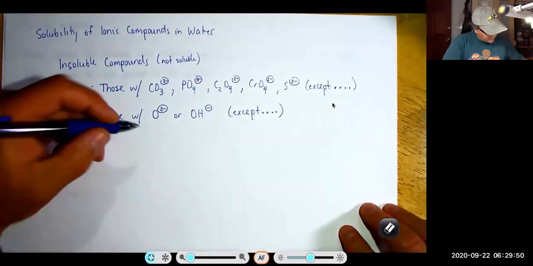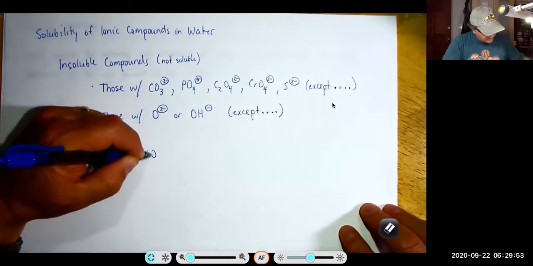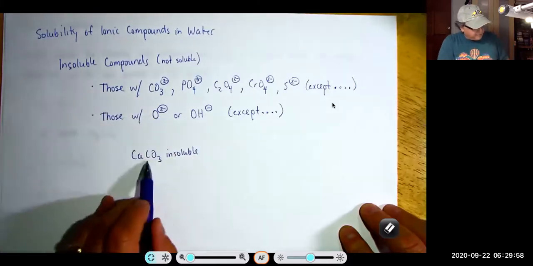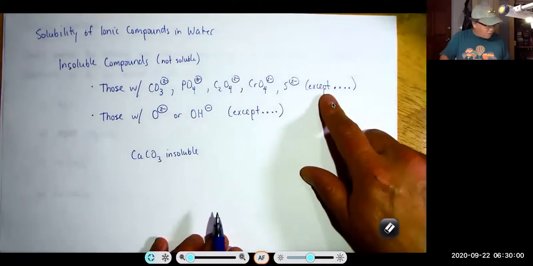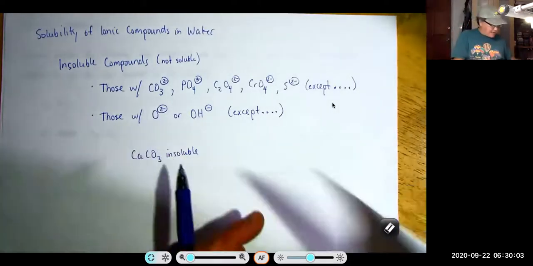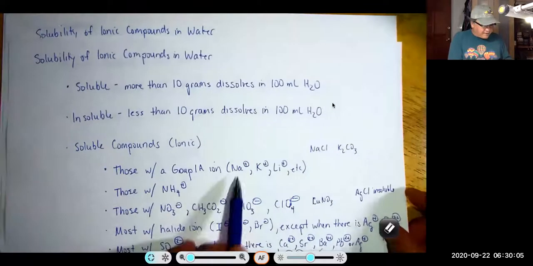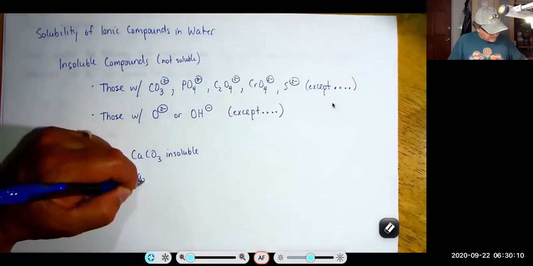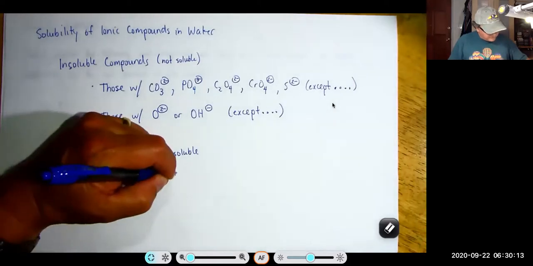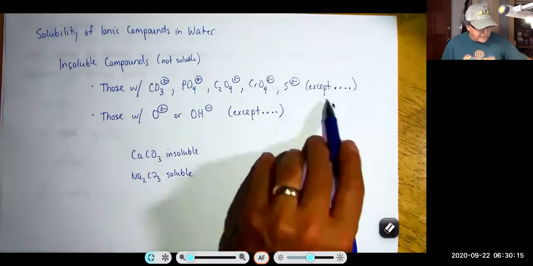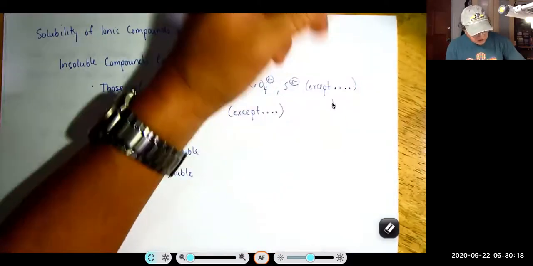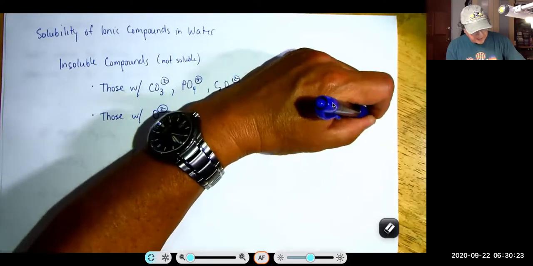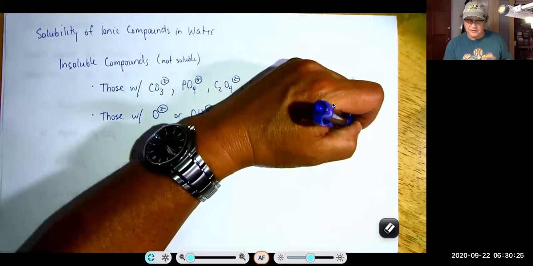So for example, calcium carbonate is insoluble. Why? Because it's got the carbonate. Now there are exceptions here. What are the exceptions for these? Well, if we go back here, if it's got one of these in it, it's soluble. So sodium carbonate is soluble. Why? Because it's got the exception. The exceptions are group 1A ions and the ammonium ion. Those are the exceptions.